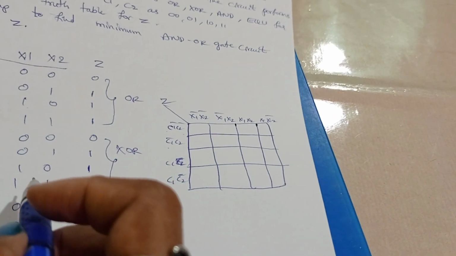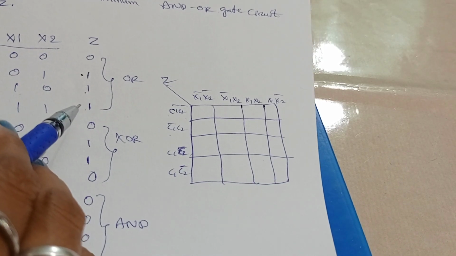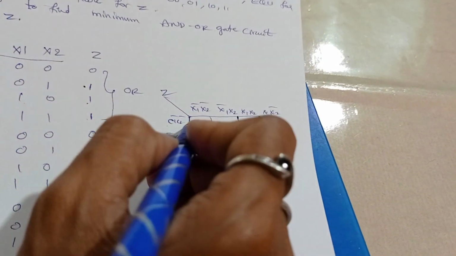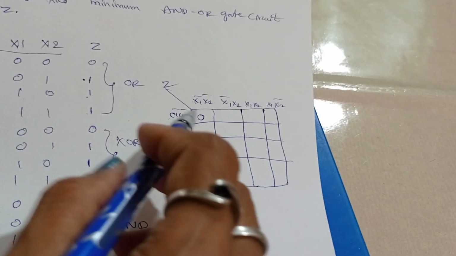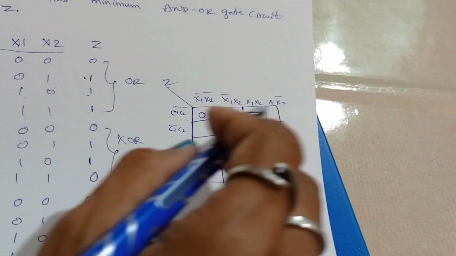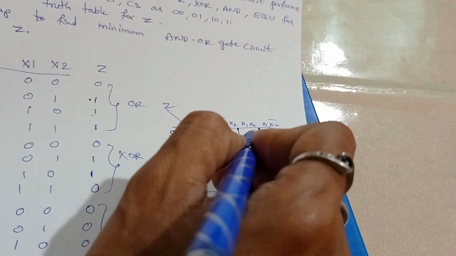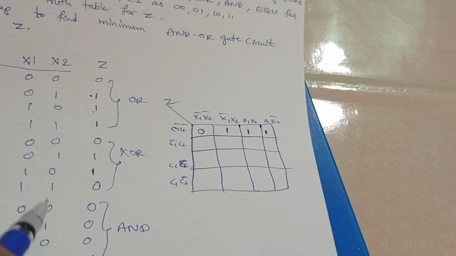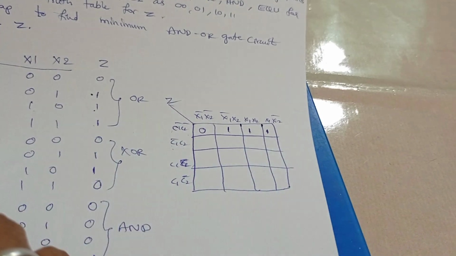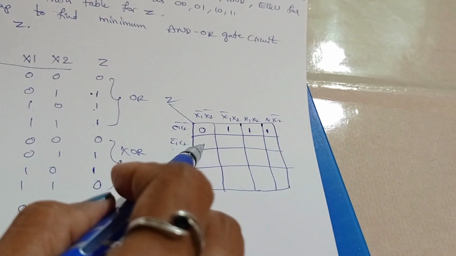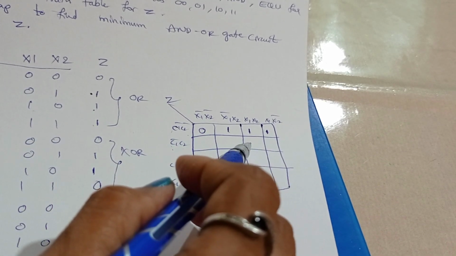That is, first output 0, 1, 1, 1, 0. Both are zeros. So for all this, only this row will be filled with 1, 1, 1. Next 0, 1. Okay, now we'll see 0, 0, 0, 1, 1, 0, 1, 1.